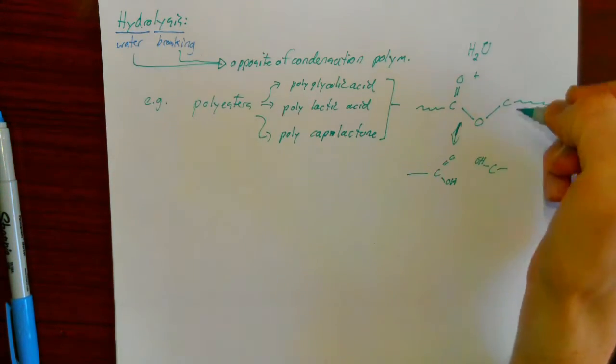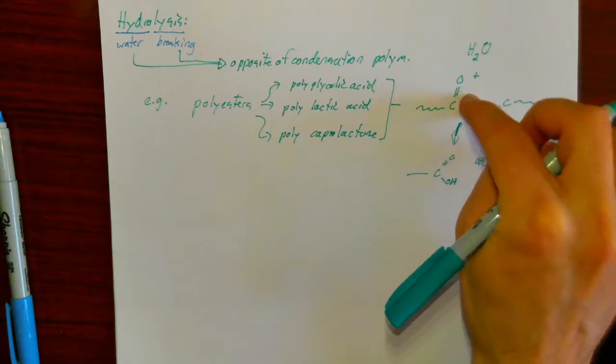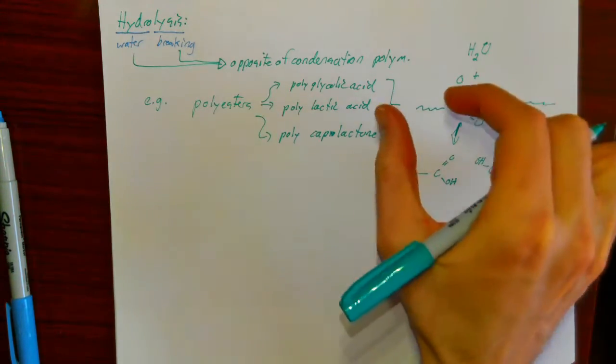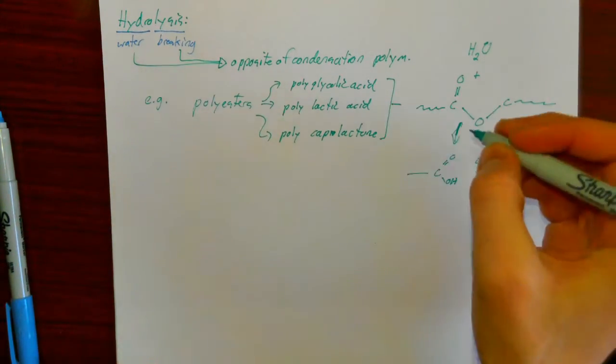There are some other molecules that don't have exactly an ester bond, but have ester-like characteristics in their bonds.